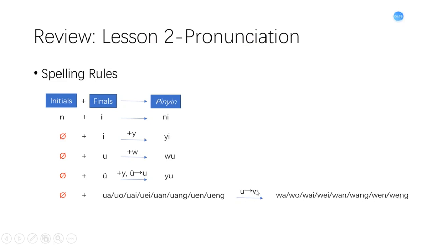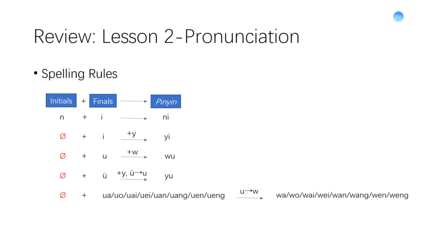This W in these spellings is not just a mark. This W actually stands for the U, so it stands for an initial. It is not only a writing symbol.